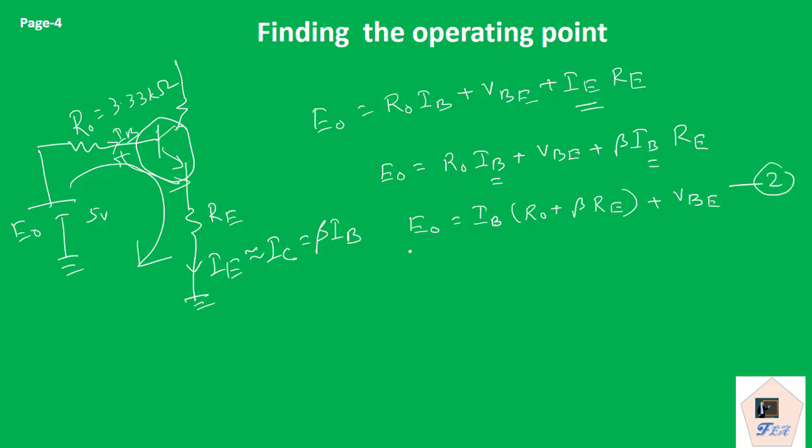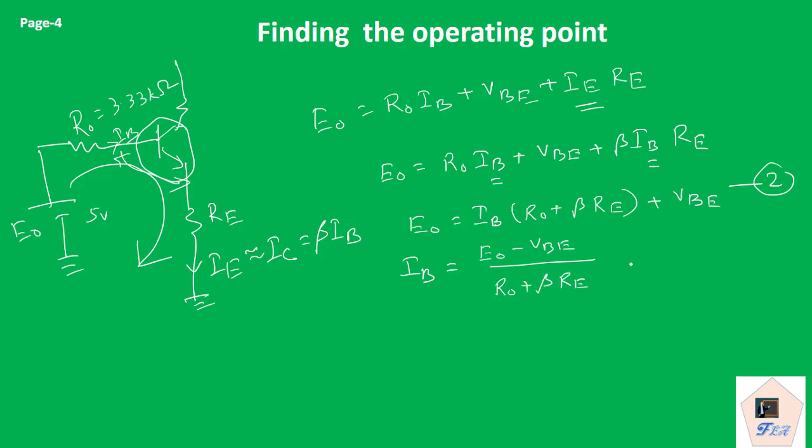So from here we can find the value of IB. IB is equal to E naught minus VBE divided by R naught plus beta RE.